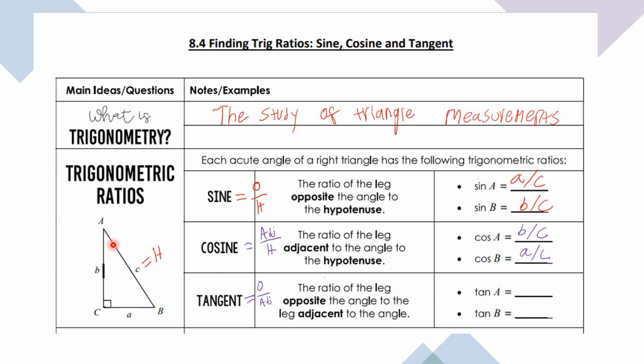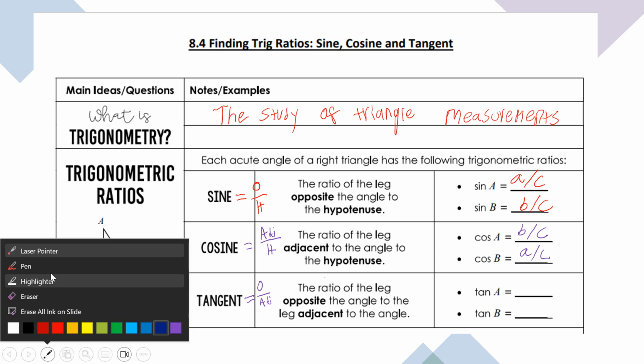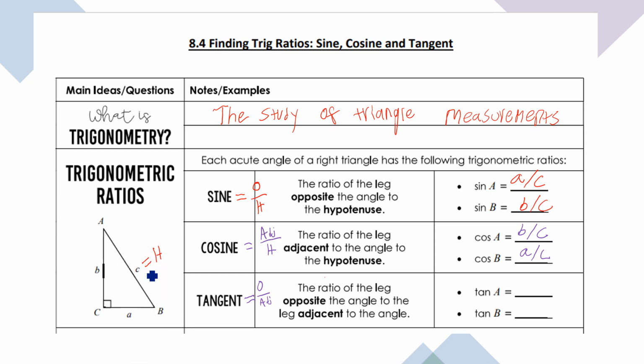So tan of A is going to be, again, opposite over adjacent. So a over b. Tangent of B, if we look at B, the opposite of B is b, and its adjacent side is a. So b over a.